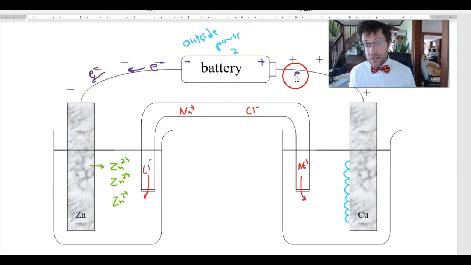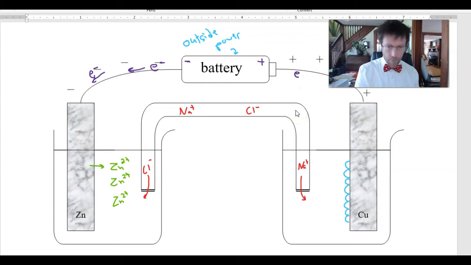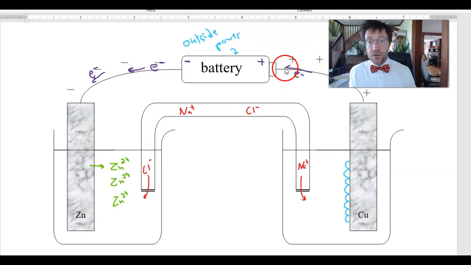The electrons are forced into the positive end. They are forced by what? This thing, a battery. It's basically an electron pump.